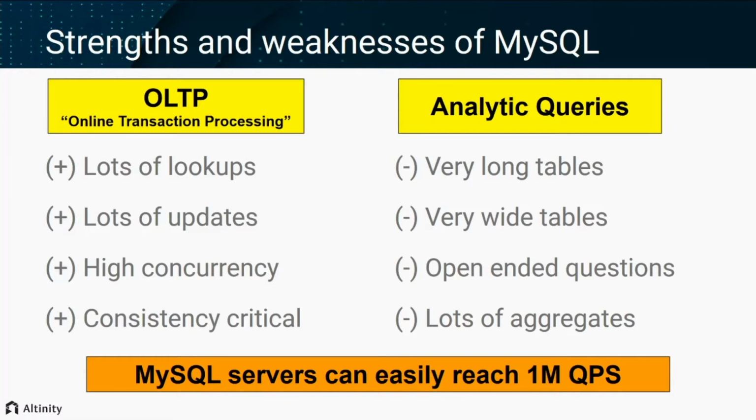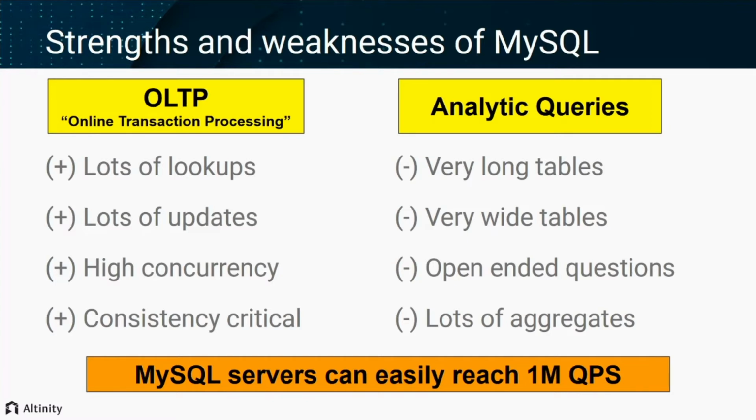They often have relatively high concurrency, so a lot of clients simultaneously doing this, and there are often applications where you care a great deal about consistency. MySQL does all of these really well, and in fact, MySQL servers can almost effortlessly reach 1 million queries per second. In benchmarks, they can do far more than this, but MySQL is very, very fast at these short queries. What it's not so good at is what we call analytic queries.